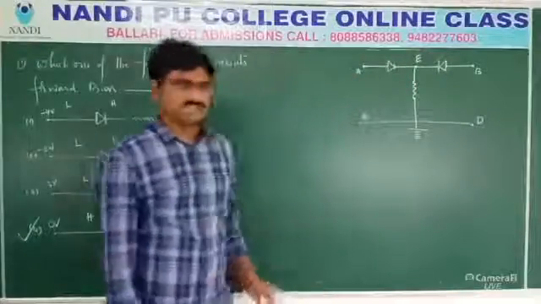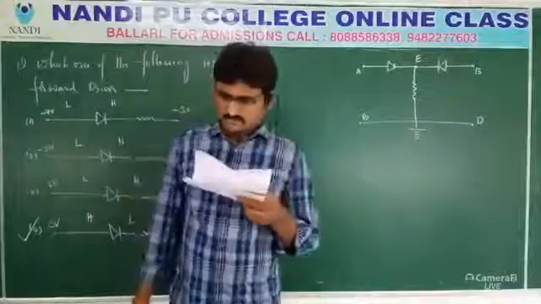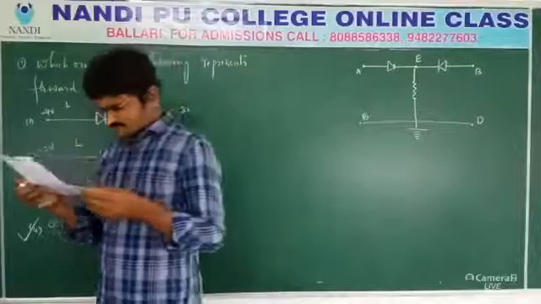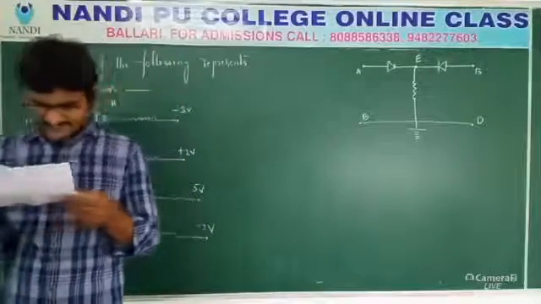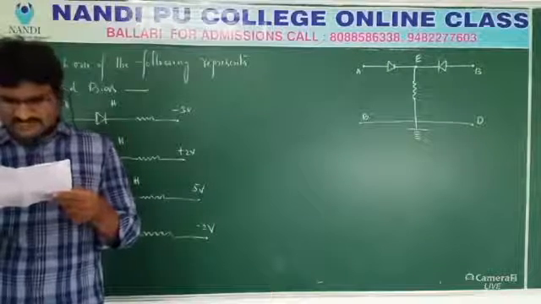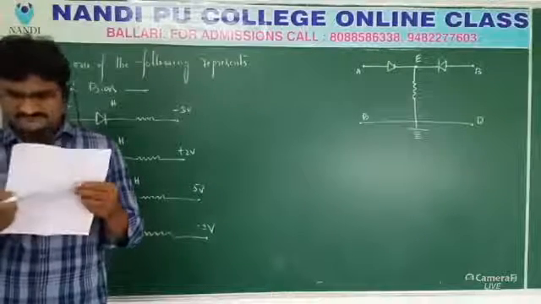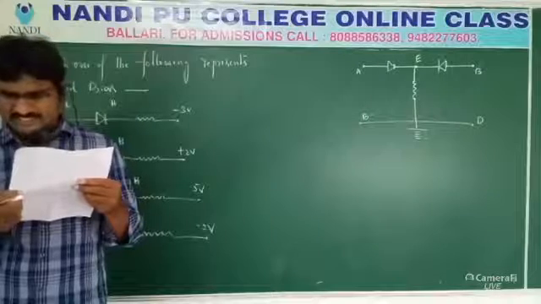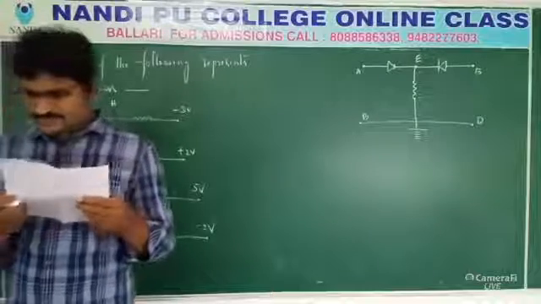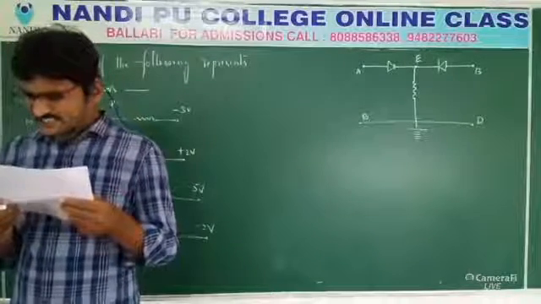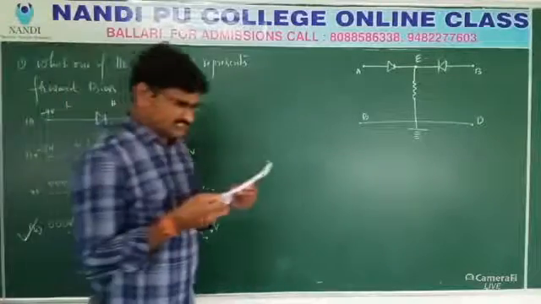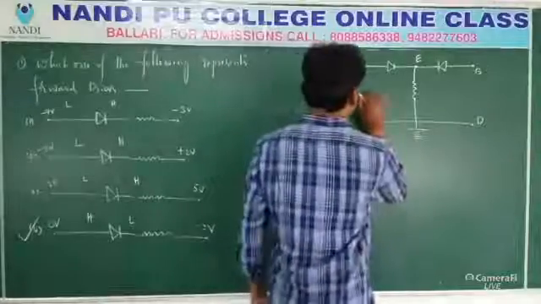See, what is the question given? Both the diodes used in the circuit shown are assumed to be ideal and have negligible resistance when forward biased. The built-in potential in each diode is 0.7. For the input voltage shown in the figure, the voltage at E is, the input voltage is given as 12.7 volts.